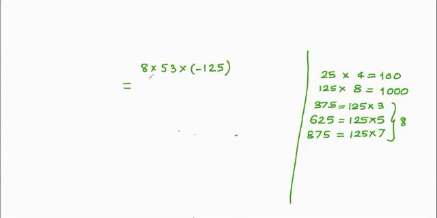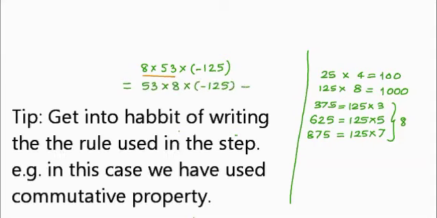Instead of 8 into 53, we'll make this 53 into 8. So what we have done is we have used the commutative property.